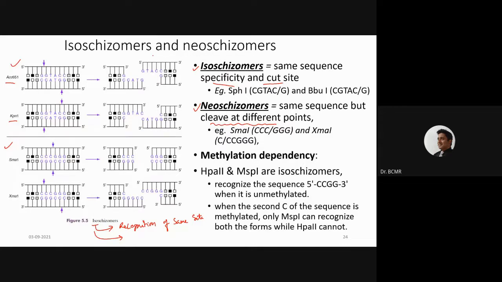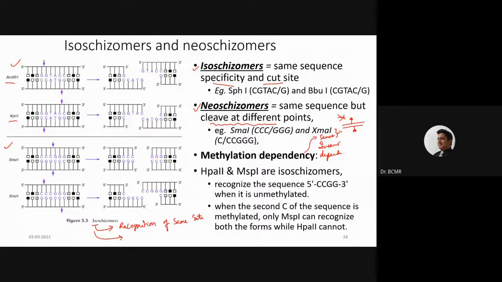We also discussed methylation dependency: methylation sensitive, methylation insensitive, and methylation dependent. The majority of restriction endonucleases are methylation sensitive. That means if their target sequence is methylated, they cannot cleave that site.